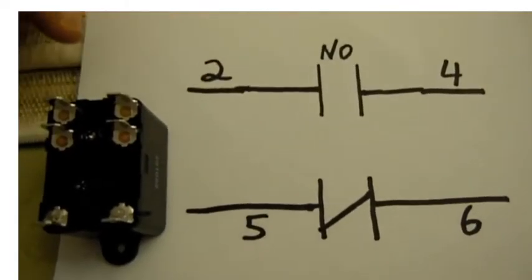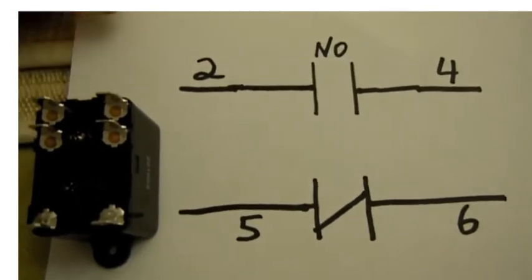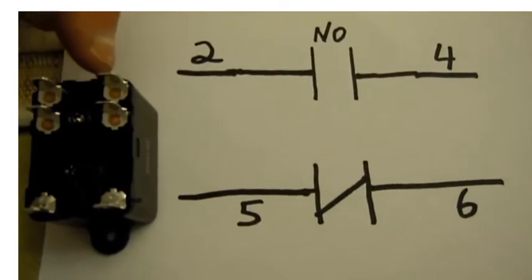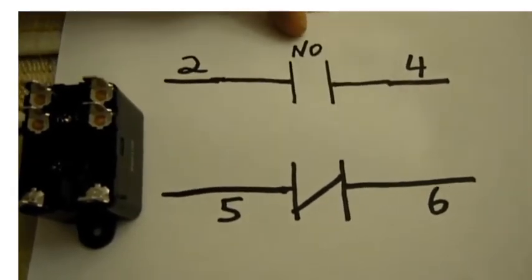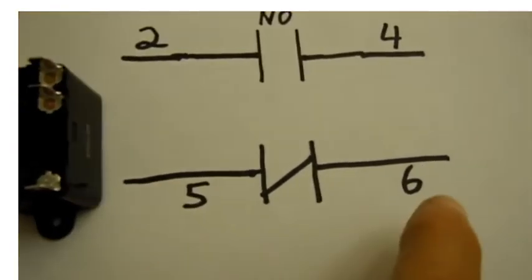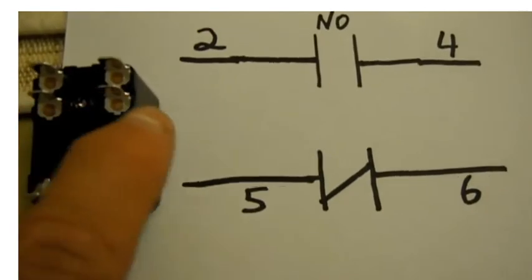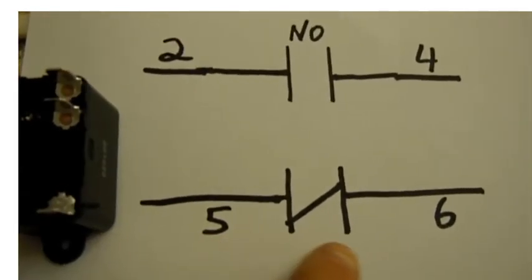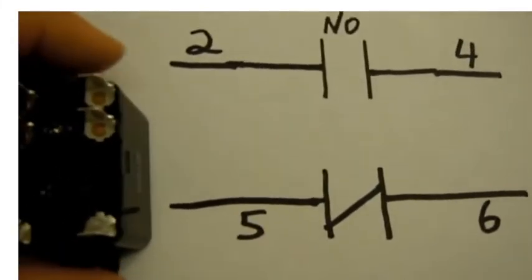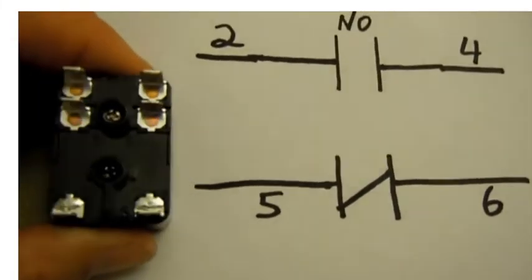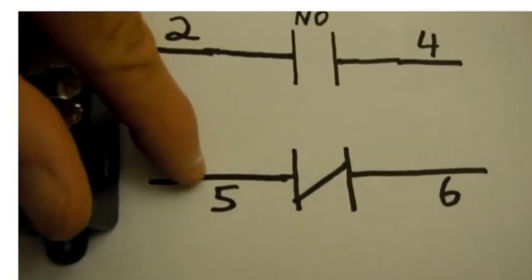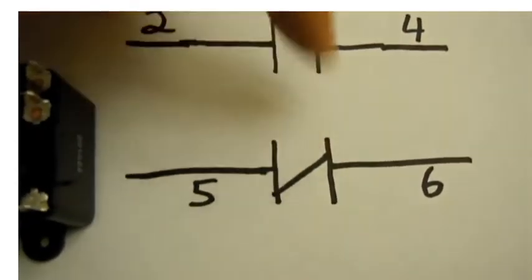Position 2, like right here, and position 4, which is this pin, is the normally open side of this relay. Positions 5 and 6, right here and here, is where you would connect your normally closed position. So that means when this relay energizes, positions 2 and 4 close, and positions 5 and 6 open.